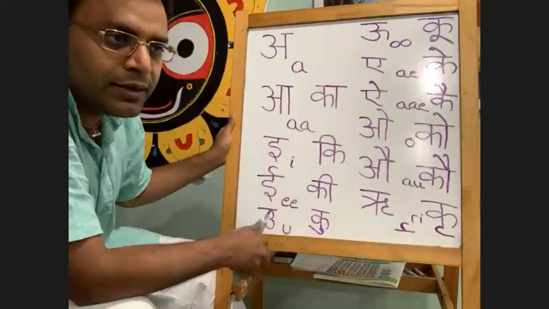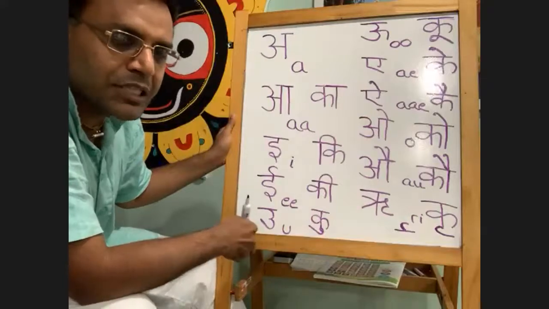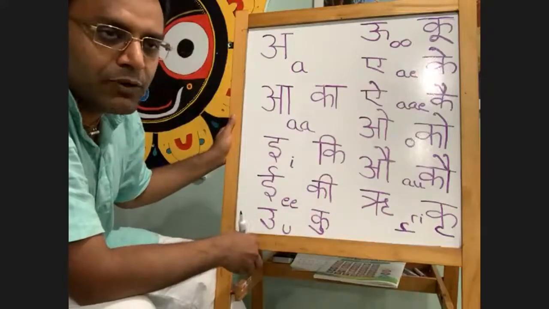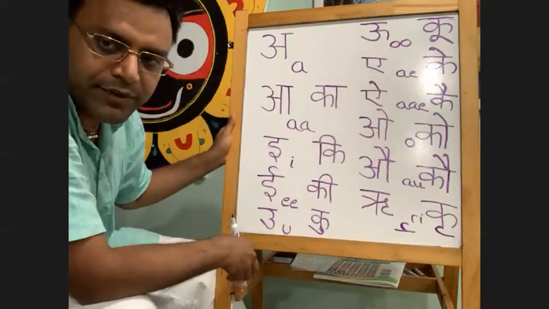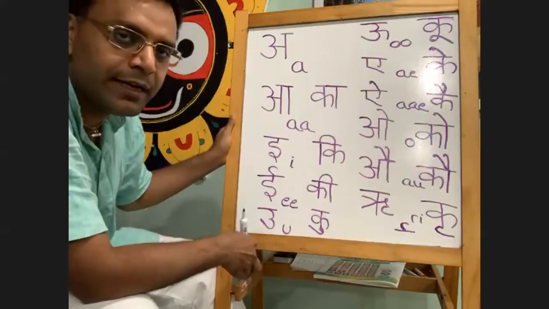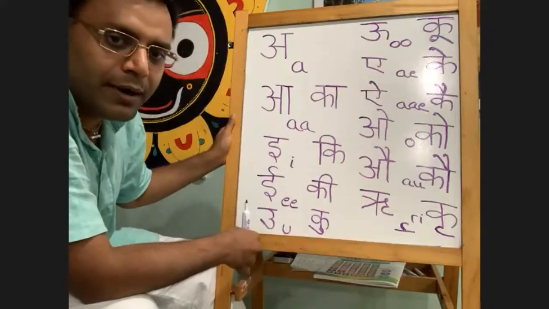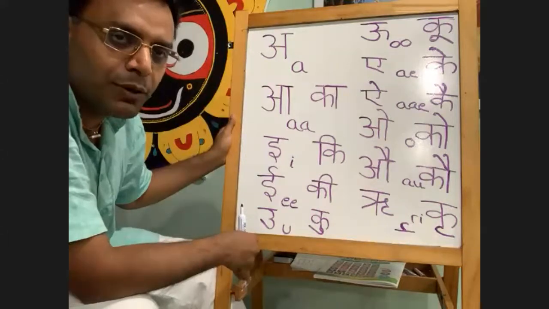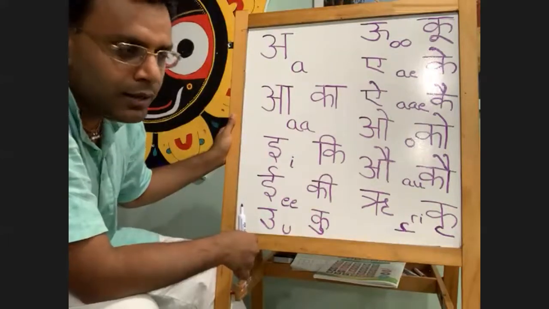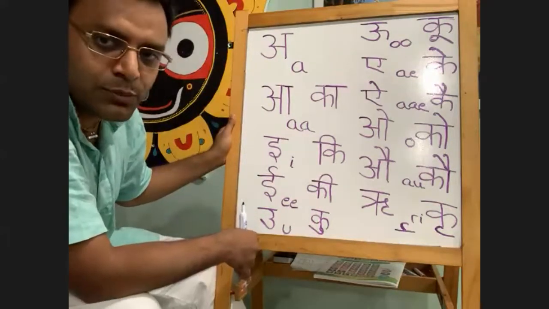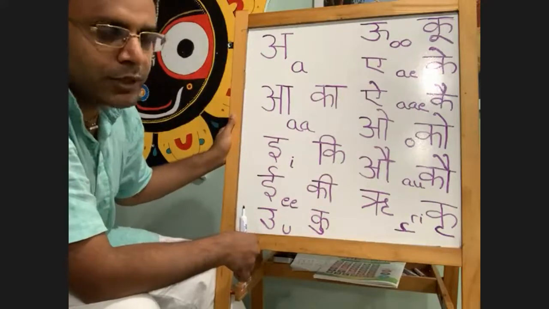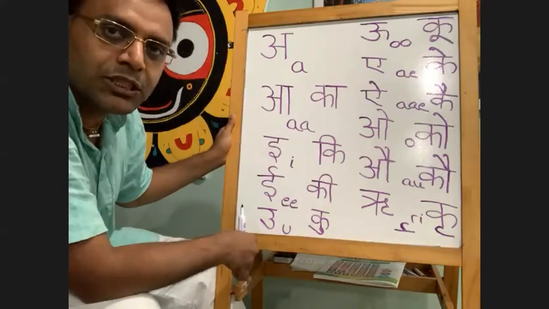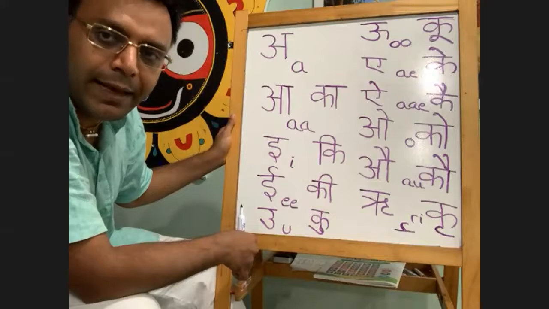That is a little difference in pronunciation. In each language there are different dialects, and in different regions people pronounce it slightly differently. So some people call it Krishna, some other people call it Krushna. We say Re, some call it Ru. So that is a little pronunciation difference, a difference in dialect.